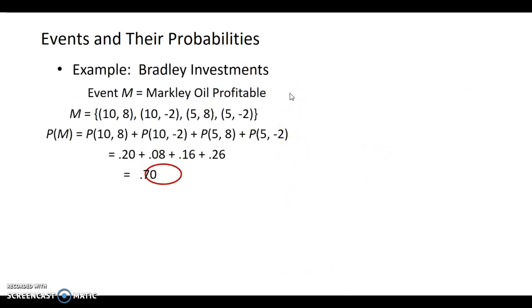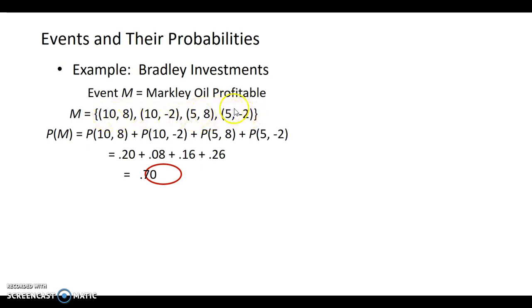Here we have the example of Bradley Investments. M is the event Markley Oil is profitable. You can see here it could make 10 and 8, 10 and negative 2. If you remember from before, 5 and 8, 5 and negative 2.